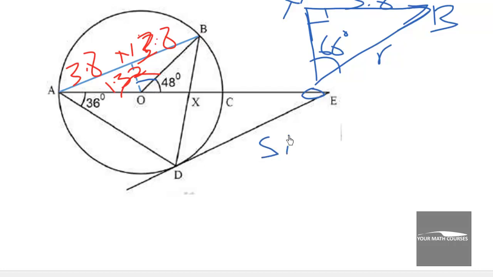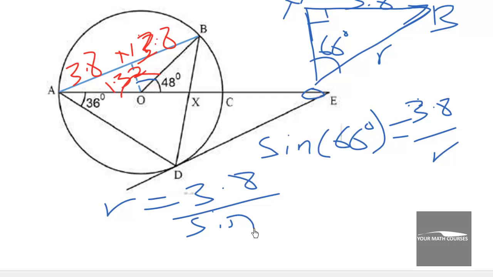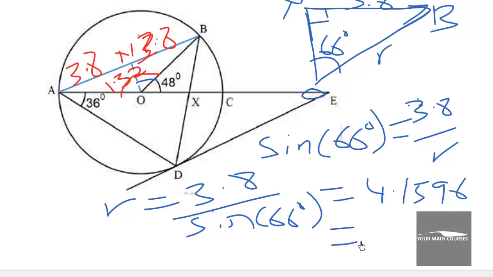So sine 66 degrees will be equal to the opposite side of the triangle, 3.9 centimeters, over the hypotenuse, which is the radius of the circle. So the radius will be equal to 3.9 divided by sine 66 degrees, and that will evaluate to 4.1596, or to one decimal place we have 4.2 centimeters.